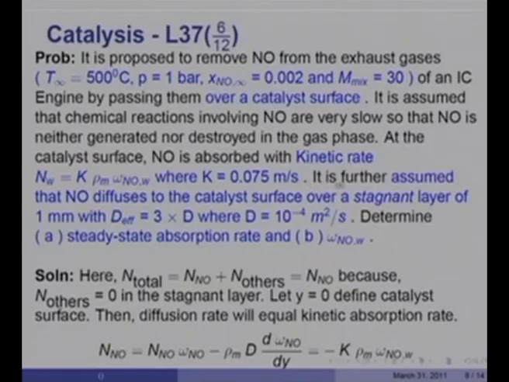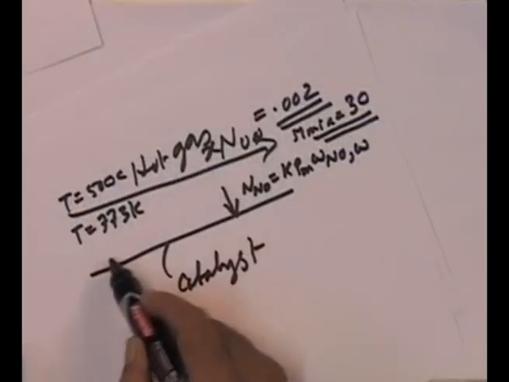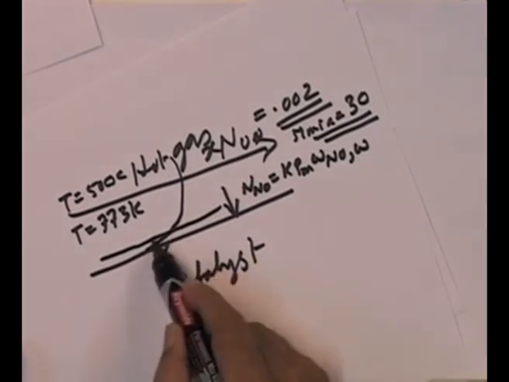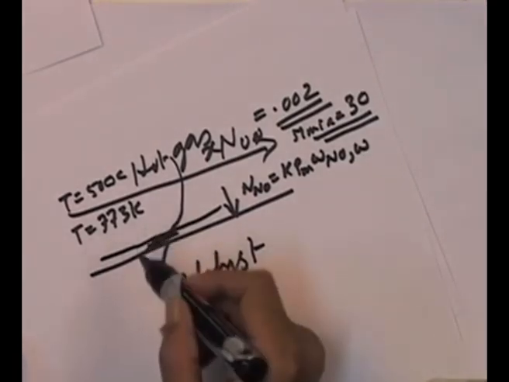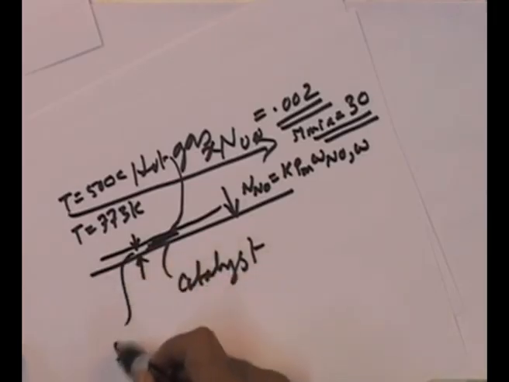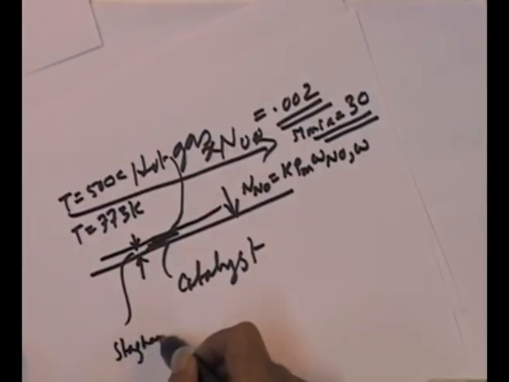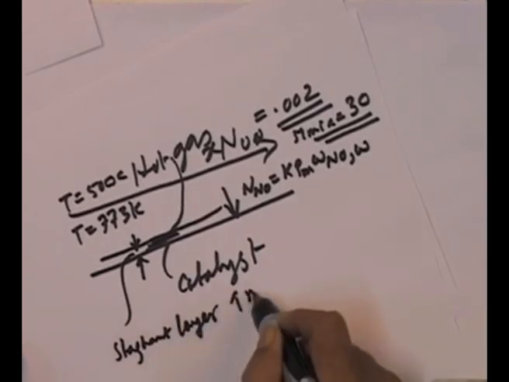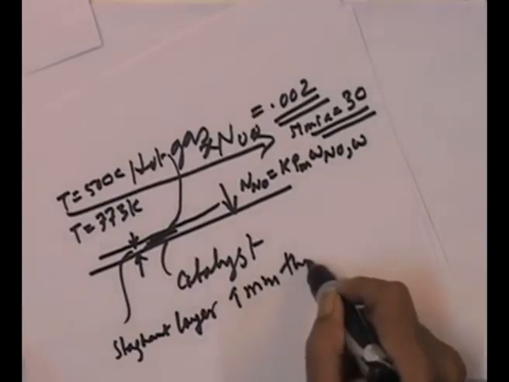Now, it is further assumed that NO diffuses to the catalyst surface over a stagnant layer of 1 millimeter. What it means is that near the catalyst surface, the velocity is so low that we can, in the extreme case, take this as a stagnant layer of 1 millimeter thickness.